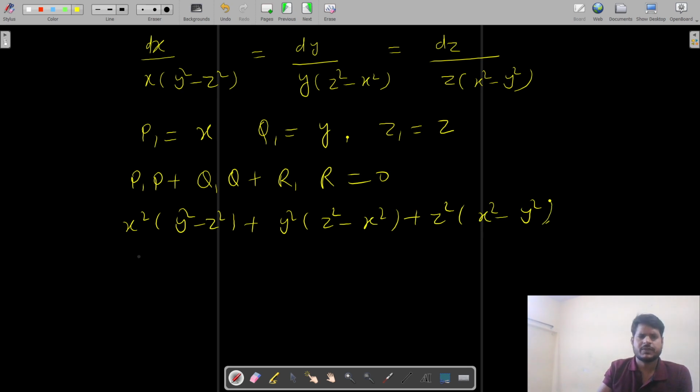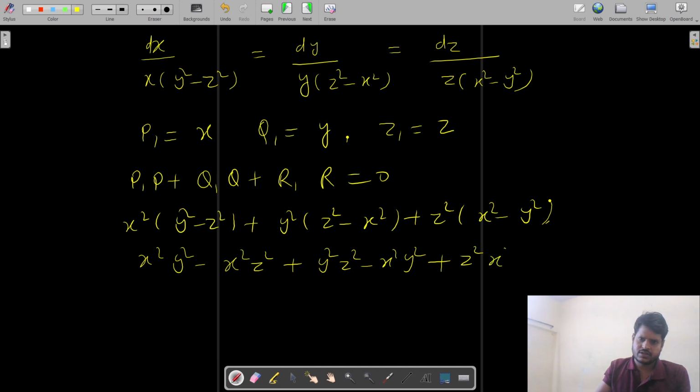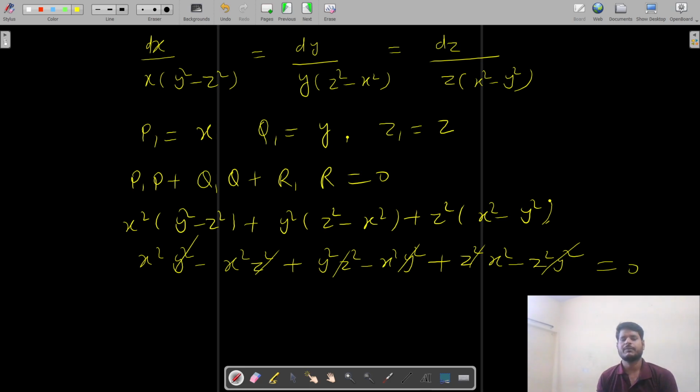So you can just multiply and see, this is x square y square minus x square z square plus y square z square minus x square y square plus z square x square minus z square y square. Now all terms will cancel, we will get 0, right? So the multipliers that I have chosen are right and they are satisfying the condition, that is P1P plus Q1Q plus R1R is equal to 0.